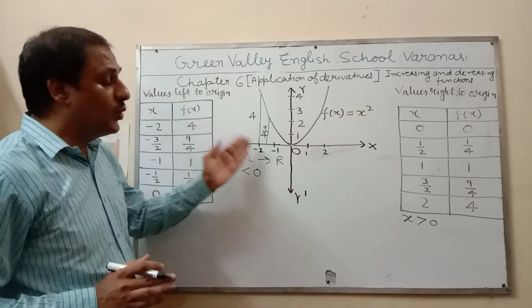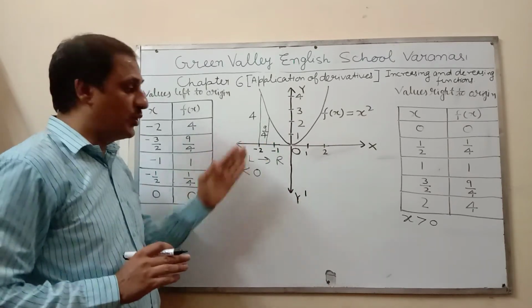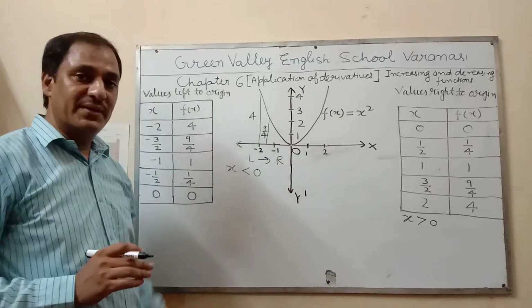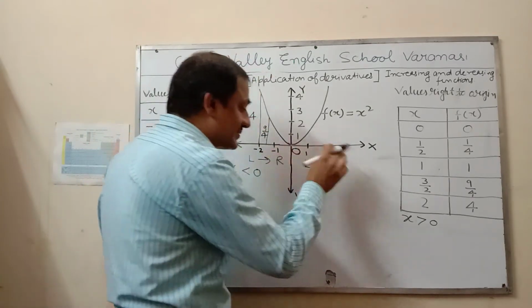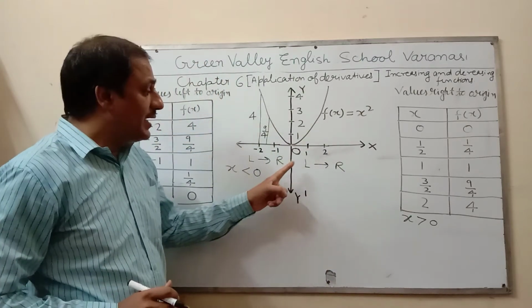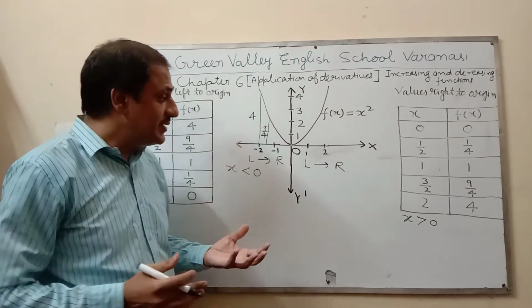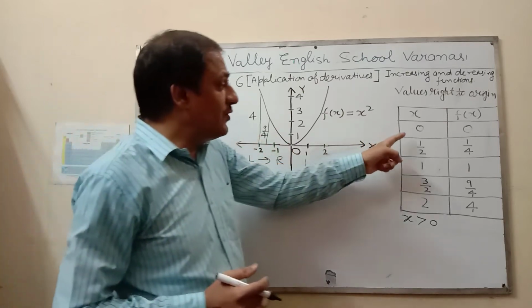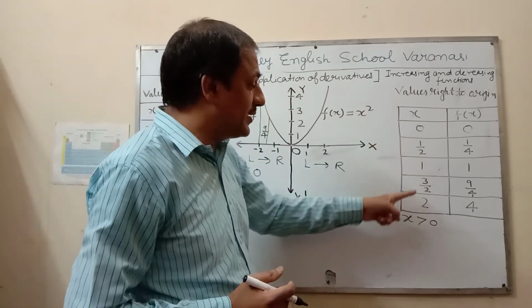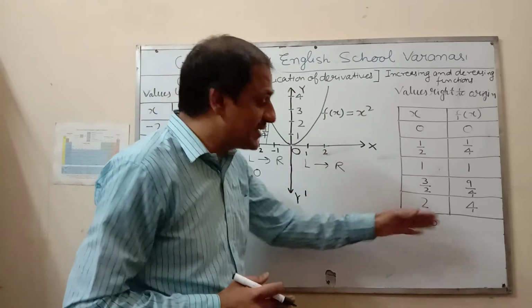But toward the right side of the origin, as we move from left to right, the value of x is 0, half, 1, 3/2, 2. The value of x is greater than 0.